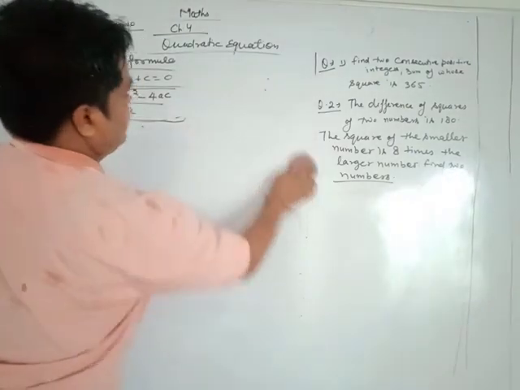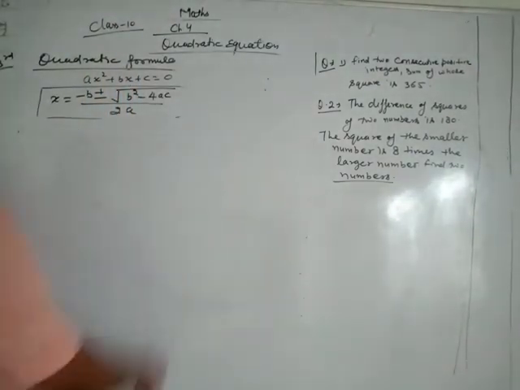Here we are given that the difference of squares of 2 numbers is 180. Difference of squares means the solution of question 7. Here I will make only the equation, and after that solve it yourself.